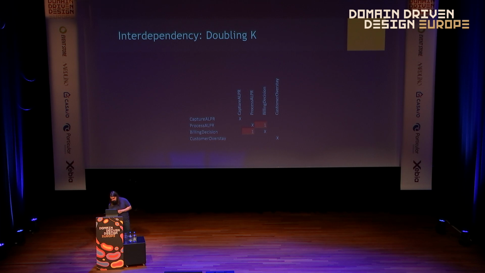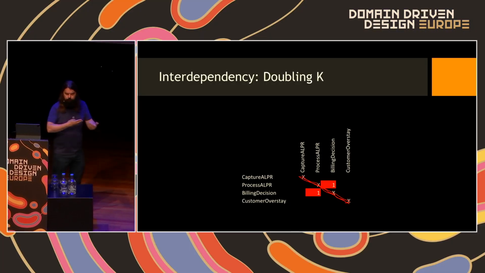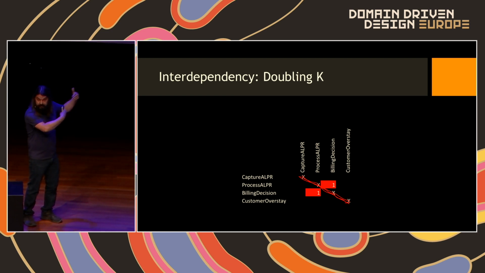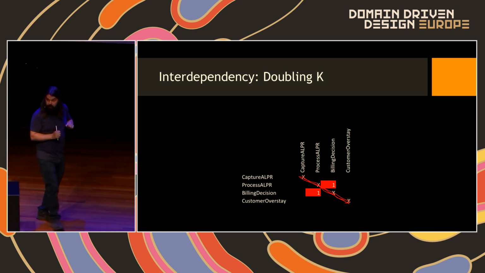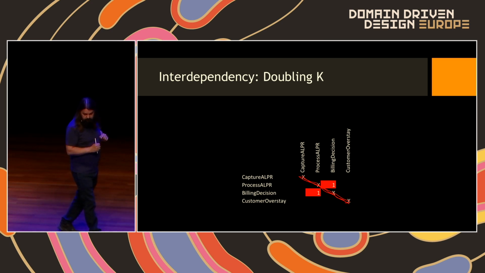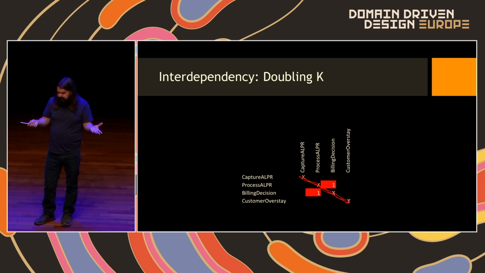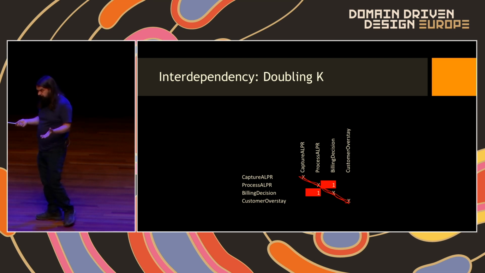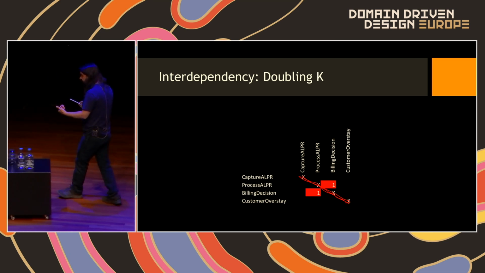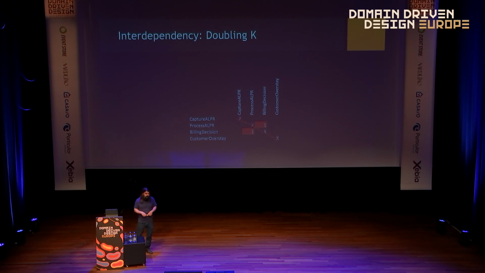However, if we look at this mirror, these are bidirectional matrices, and we start to see that components are dependent on each other, and we'll see that in this mirroring of the ones over this line in the middle, then we might have a problem. Okay, we've just doubled K. And this can be a feedback loop. This can be honestly a good thing. It can also be that we've misunderstood the business process.